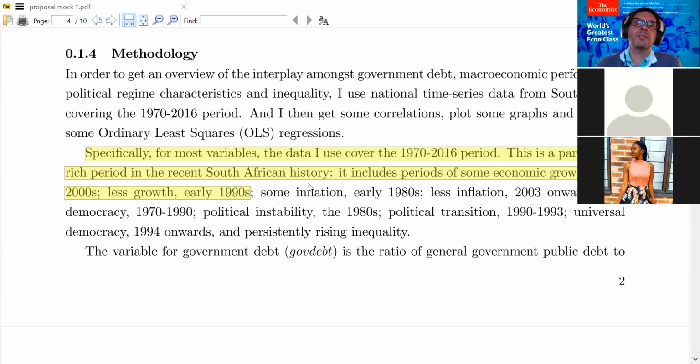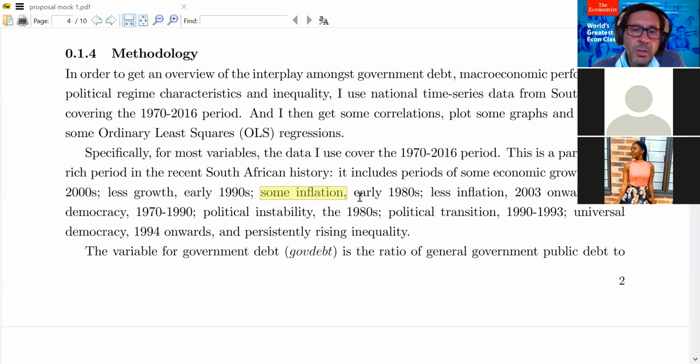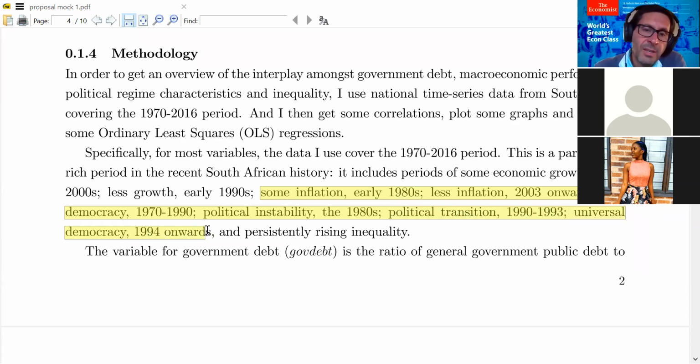Early 1990s, South Africa wasn't growing at all because of the political instability and the sanctions. Some inflation, early 1980s, less inflation, 2003 onwards, less democracy, 1970 and 1990, and political instability, the 1980s, political transition, 1990-1993, universal democracy, 1994 onwards, and persistently rising inequality, right?